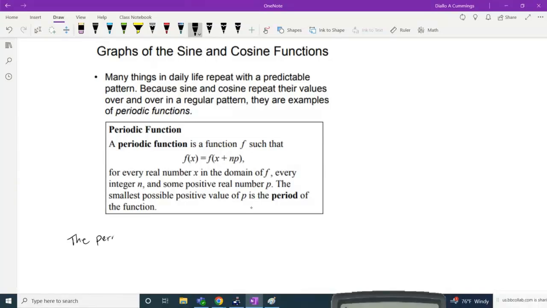The period is the time to complete one cycle or revolution. So the period of a function is simply the time it takes to complete one cycle or one rotation.